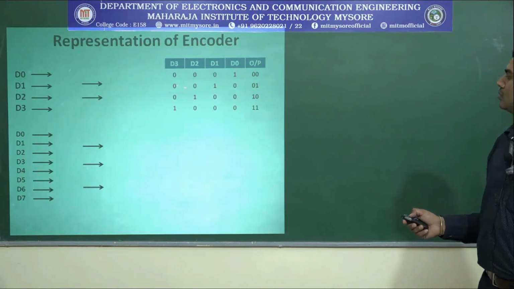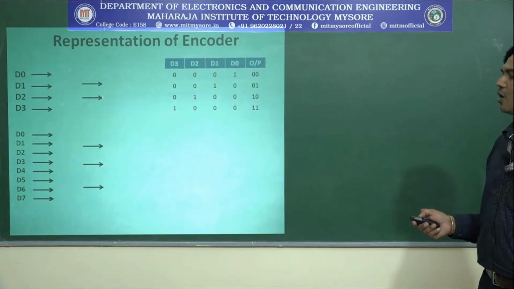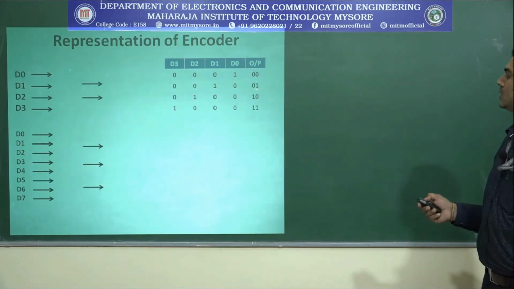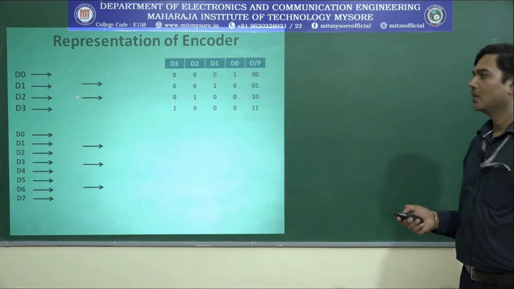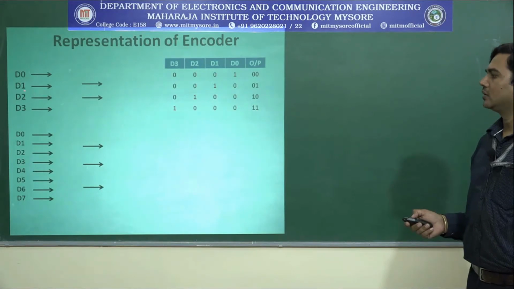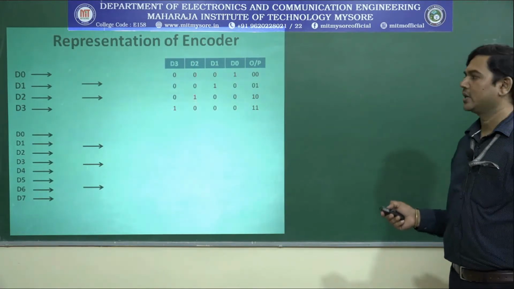If D1 goes high, then at the output we should get the binary index representing 1, that is 0 1. If D2 goes high, then the index at the output should represent 2, that is 1 0. That is how we are going to write the function table.